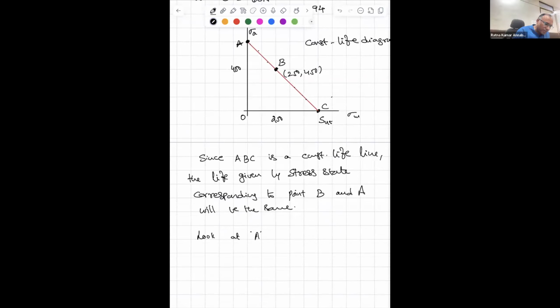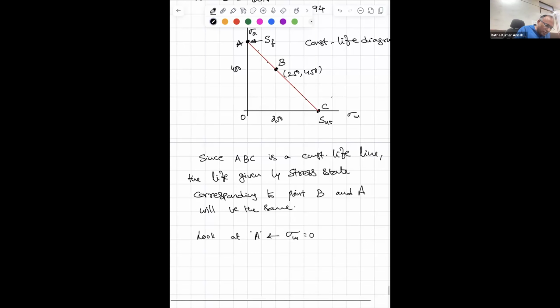Now let us look at point A. What is the scenario here? This corresponds to sigma m equal to 0. Mean stress is 0, isn't it? Let us call this SF, but we don't know what SF is.